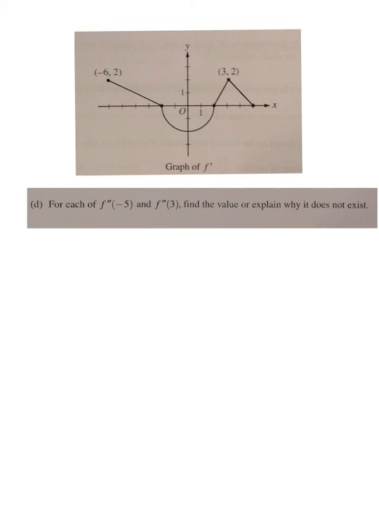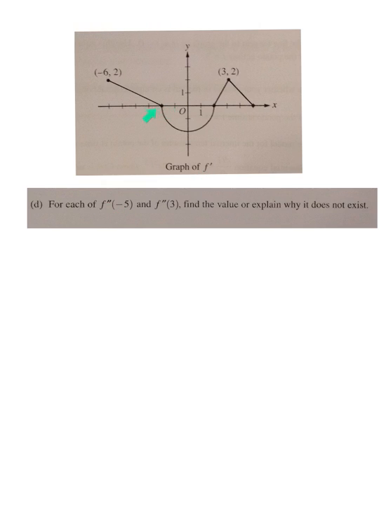Okay, so for part D, they're asking for f double prime of negative 5 and f double prime of 3. So I see that I have, again, graph of the derivative, and they're talking about f prime. So in relationship to f prime, f double prime is the derivative, right? Or the slope. So really what they're asking you to find is what is the slope of f prime at negative 5.